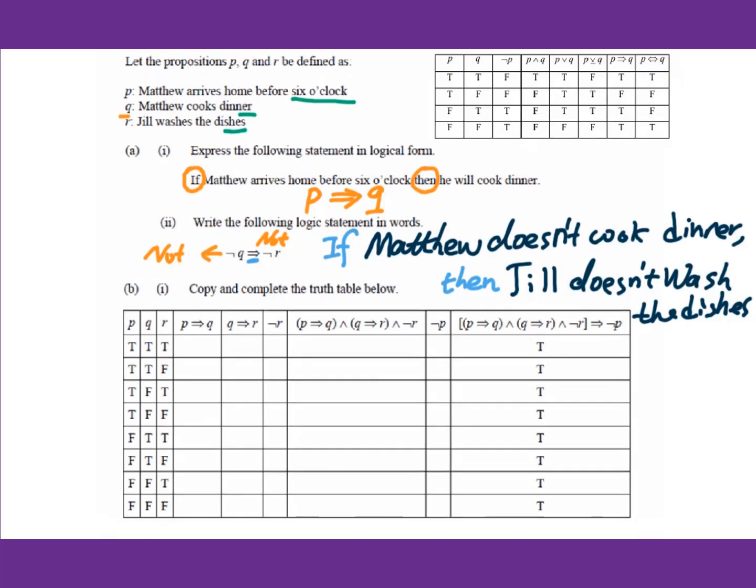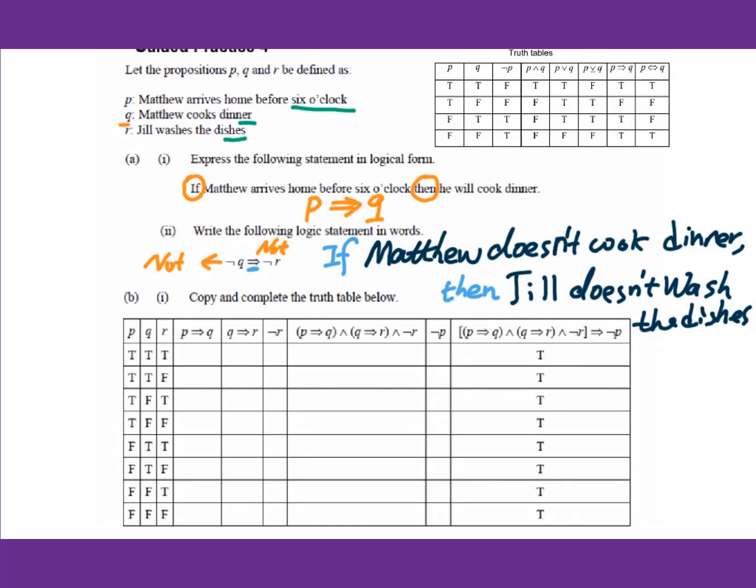Now let's copy and complete the truth table below. For if P, then Q. This is the one. All true except true, false. That's the rule. So true, false, that is false. The rest of them will be true.